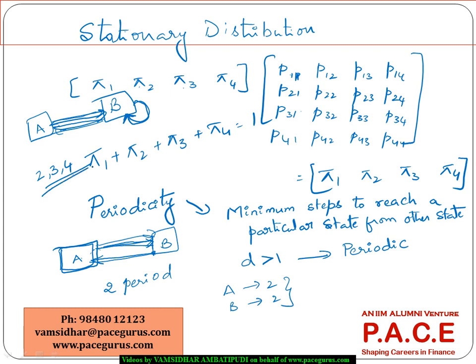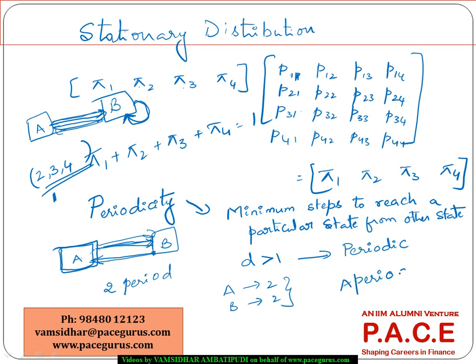So what is the common divisor associated here? 1. So when it is 1, we say that particular process is aperiodic.